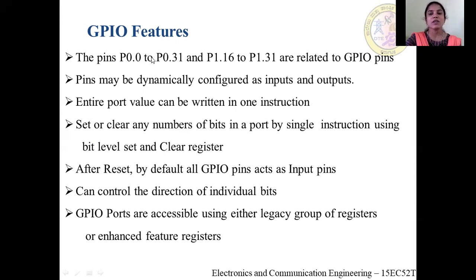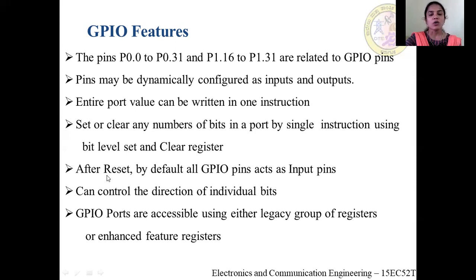In the next slides, we are going to study the GPIO registers. By using those registers, either we can read the entire port at a time, or we can set or clear individual pins in the port by using the bit level set and clear registers.